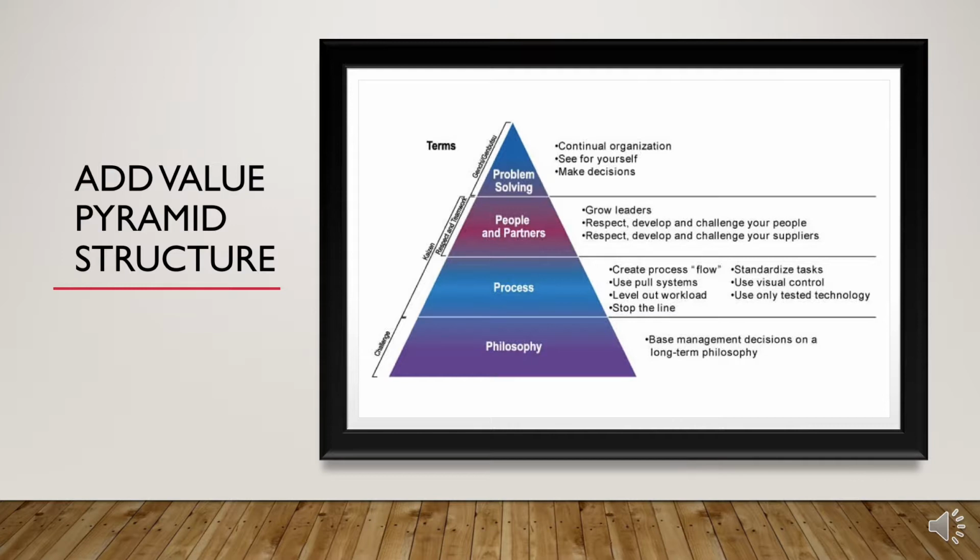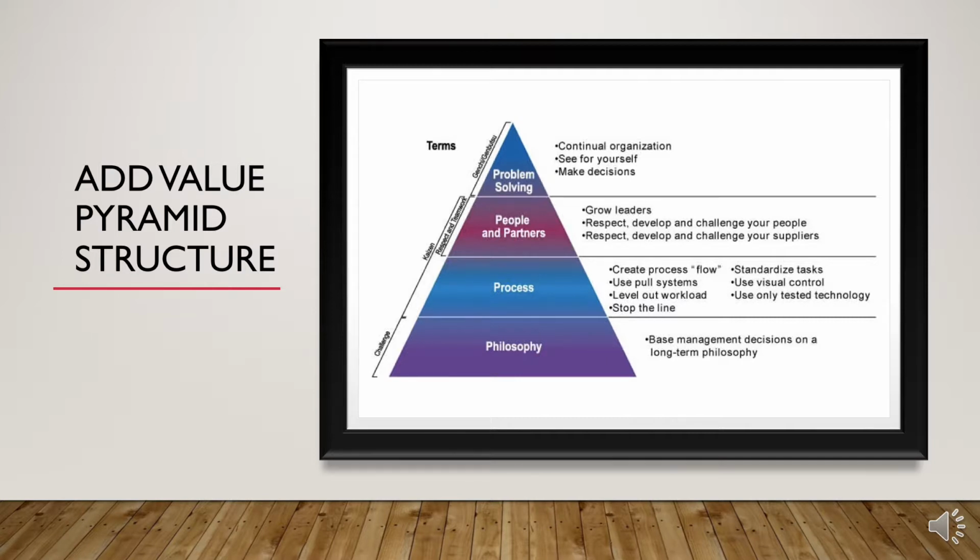So filling the product when it is needed is a pull system. Leveling out the workload, stop the line, standard tasks using visual control, using only tested and thoroughly reliable technology. These are the kinds of processes it uses.